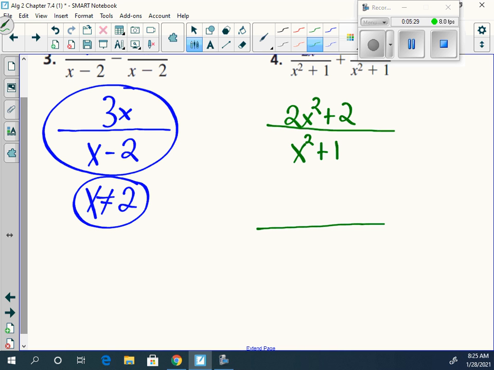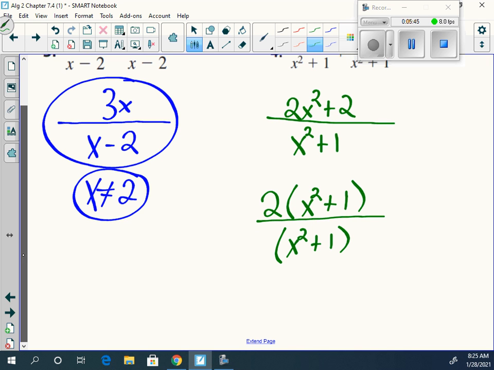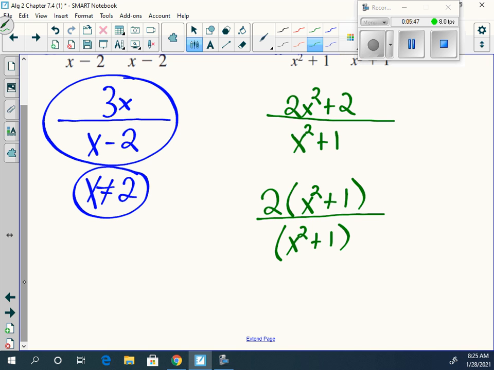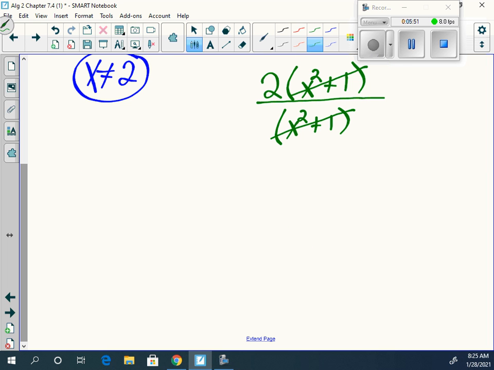If there's a greatest common factor and we can factor it, we'll need to. So I'll factor it out. What am I left with on top? Oh, wait a minute, will these cancel? Yep. So what am I left with?